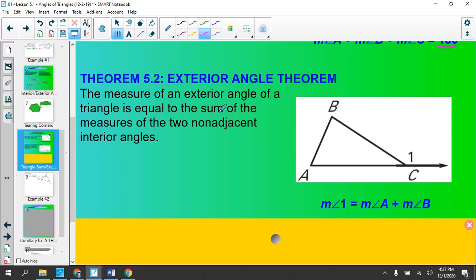Okay, so that's a little bit, what, interior, exterior, non-adjacent. There's a lot of vocab going on there. But basically, this angle measure right here, whatever this is equal to, let's use different numbers here, 2 and 3. Whatever these angle measures are, the measure of angle 2 plus the measure of angle 3, when I add these 2 together, it's equal to that exterior angle, which is kind of weird and kind of, what? Like, is that really true?